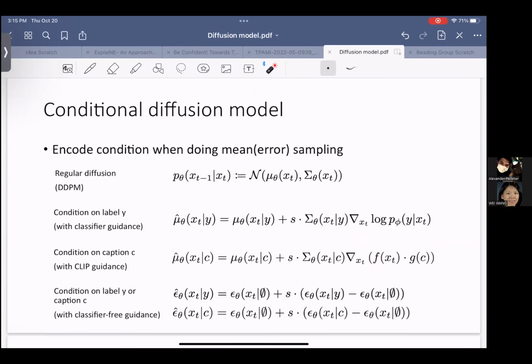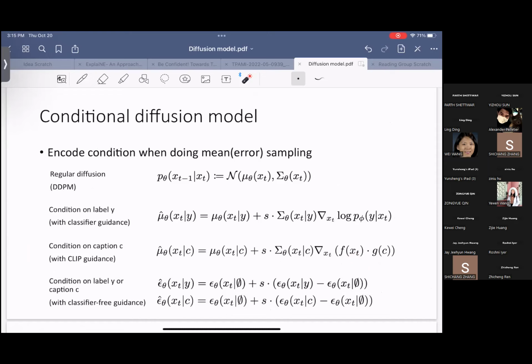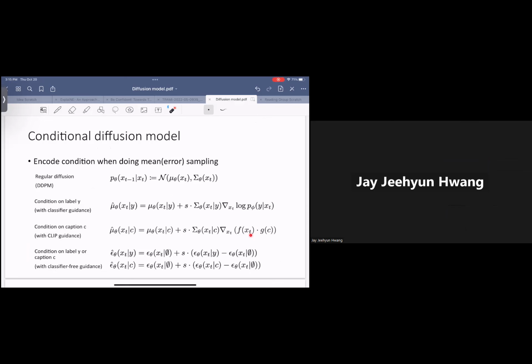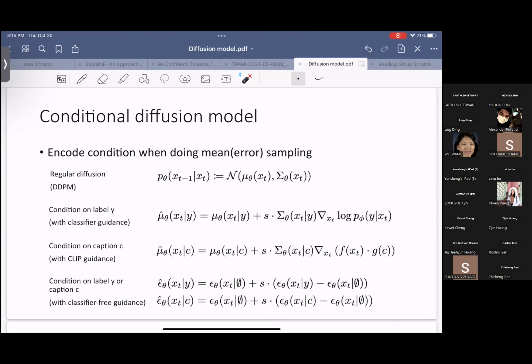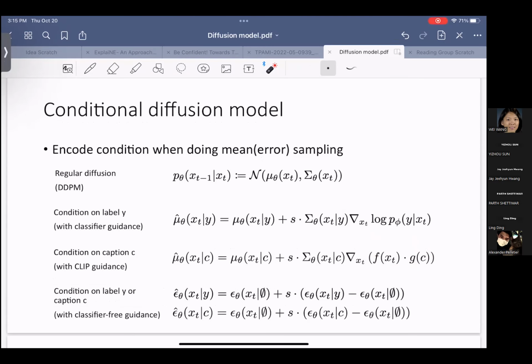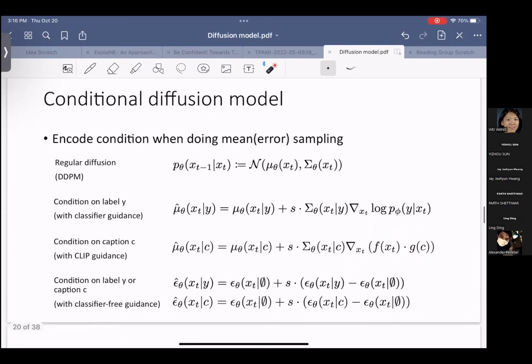Whenever you want to condition the image x_t on some caption, you get the image embedding and text embedding by plugging them into the CLIP model, and then you can take their dot product. This will give you a score. You can sort of think of it as classifying using the CLIP model, but they just refer to it as CLIP guidance. Similarly, you can ask, how should I move my x_t such that this score will be maximized? Then you can use this to shift your mean. Finally, there is something they call classifier-free guidance.